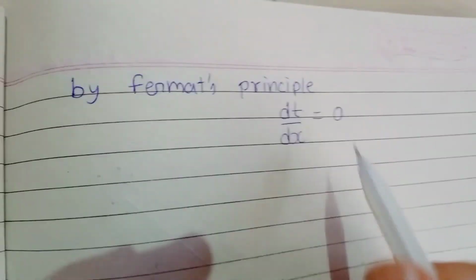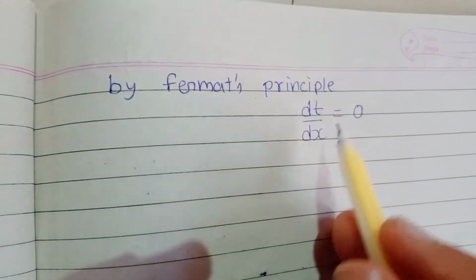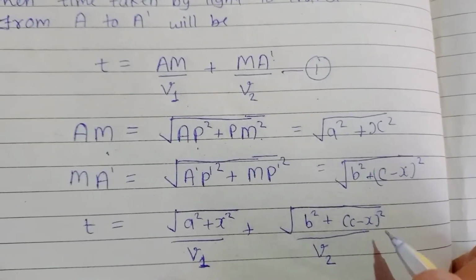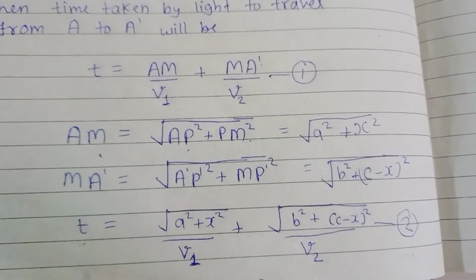So now by Fermat principle we know that dt upon dx is equal to 0. We make it equation second, and now we will differentiate this equation with respect to x.